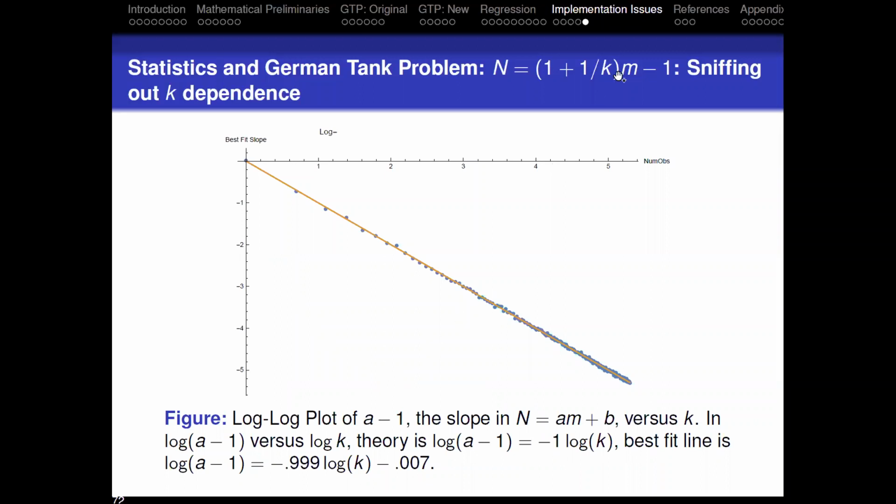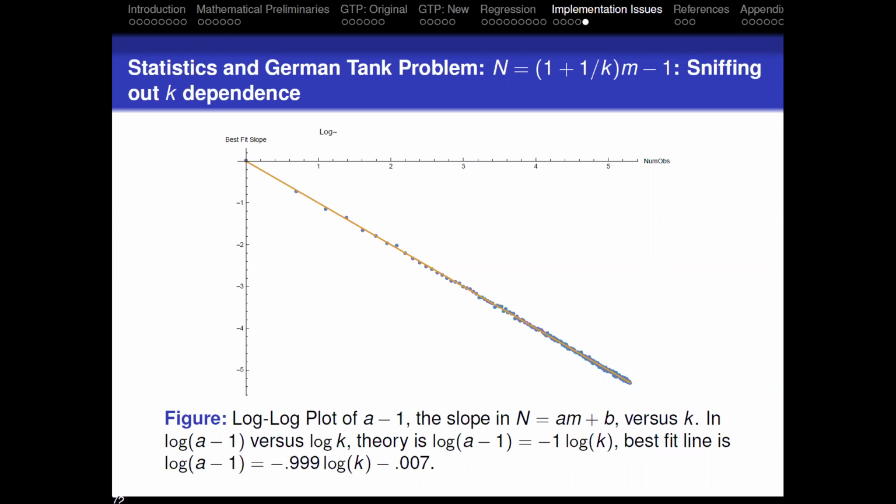And the reason is, we know that there has to be at least m tanks. And so when we try to figure out what the best fit slope is, what that best fit constant a is, we know it has to be at least 1. So let's subtract the information we know. So we're going to subtract off 1 from a, and we're going to plot the log of a minus 1 versus the log of k. Theory says that it should be equal to -1 times the log of k, and the best fit line we get above is equal to -0.999 log k minus 0.007.